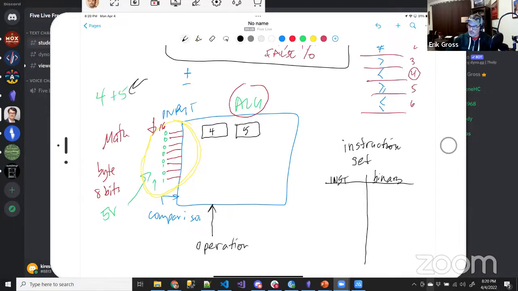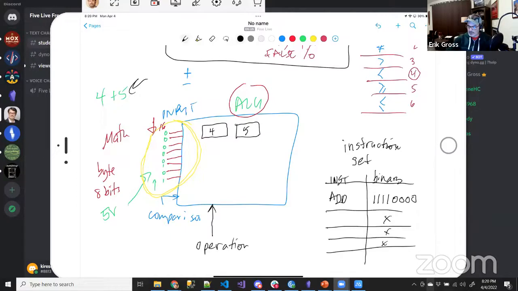Let's say that the one for add two numbers happened to be a pattern of 1, 1, 1, 1, 0, 0, 0, 0. Who cares what it is? What matters is that it's unique and that none of the other instructions in that set have the same pattern. They're all different. We just need a unique pattern.